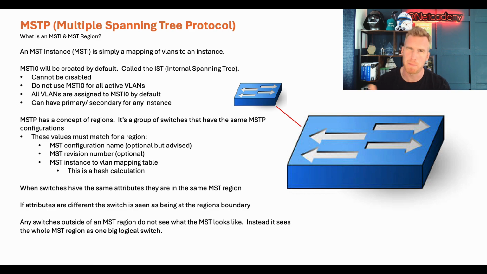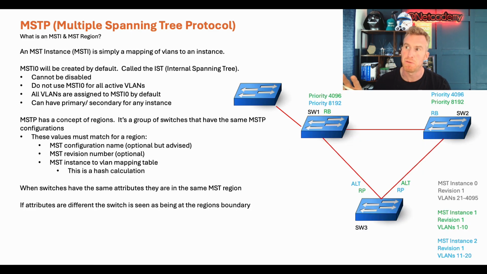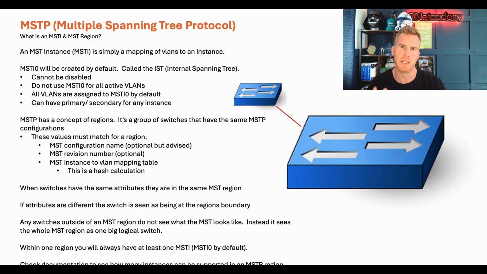And that's why you've got a boundary and a boundary port, because it's really saying, yep, this is a boundary from one region to another region, from a non-MSTP speaking switch, potentially, to this one logical switch that those physical switches, 3 in this case, all actually are part of. But absolutely, always remember, within any region for MSTP, you are going to have that default IST, the internal spanning tree. That is MSTI 0.